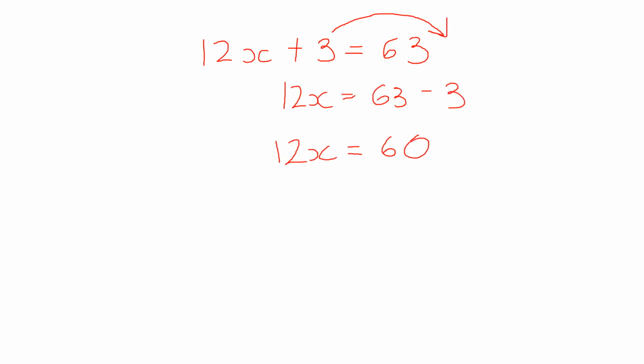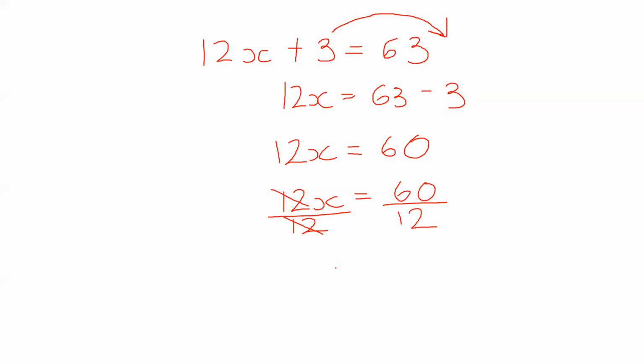And what do we do at this point? Divide both sides by what number? 12. Very good. So we cancel the 12s, 12 and 12 cancel out.